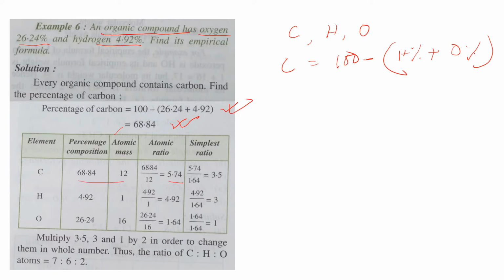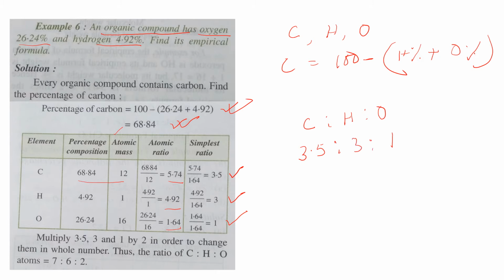So I am getting some numbers, that is 5.74, 4.92 and 1.64. Now out of this number 1.64 is the smallest one, so I have to divide all the numbers by 1.64. After dividing, I am getting 3.5 for carbon, for hydrogen it is 3, and for oxygen it is 1. So actually the ratio of carbon, hydrogen and oxygen is 3.5 is to 3 is to 1.